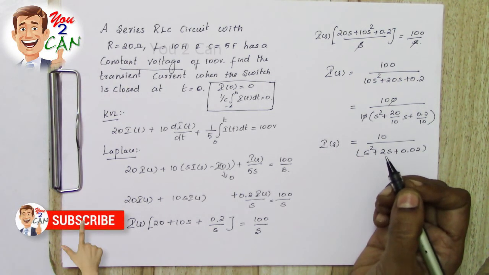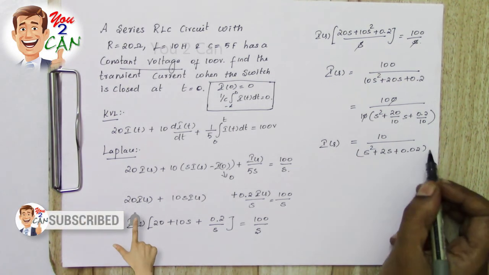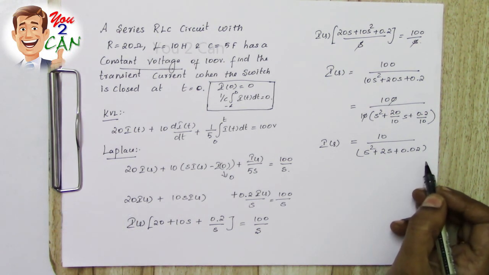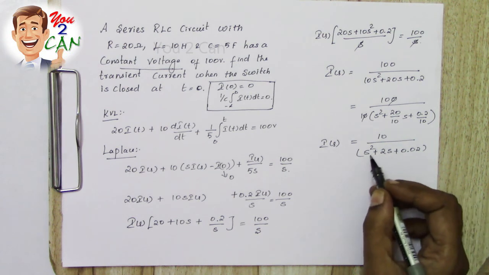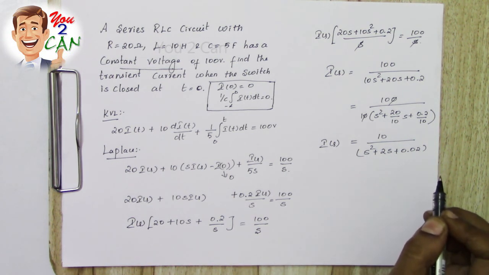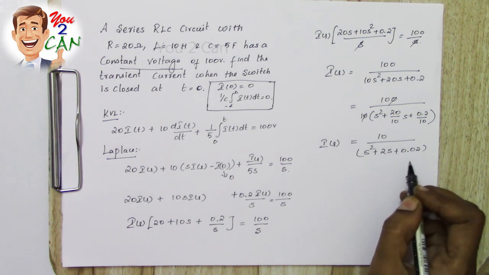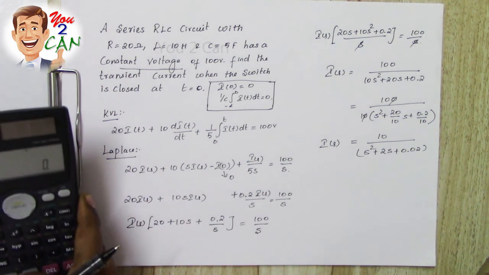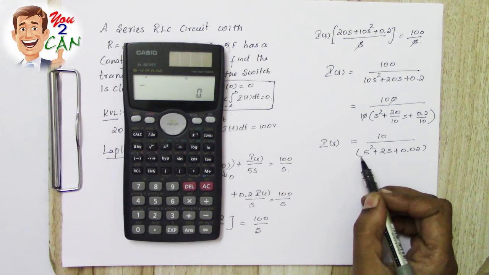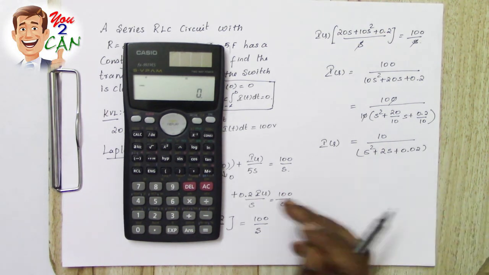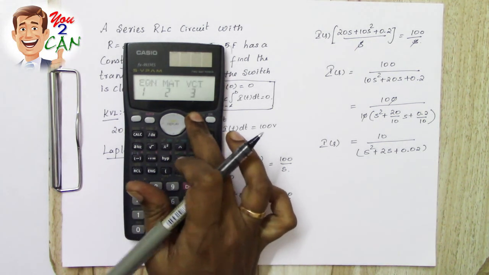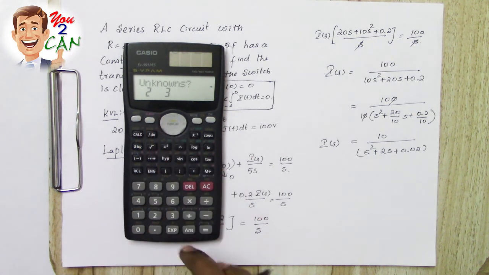Now you have to find the roots of this equation and find whether it is underdamped, overdamped or critically damped. For that we are going to find the roots of the denominator equation and split up using partial fractions. Let us find the roots using the calculator directly. This is a second degree equation, so take the equation mode.